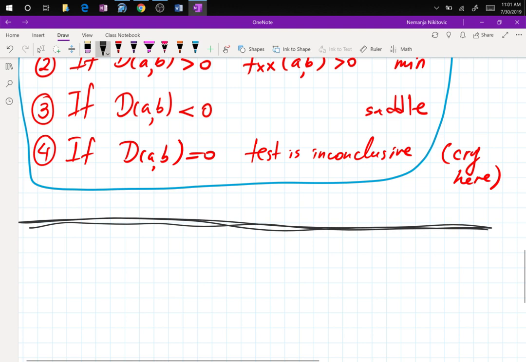Let's take a look at some examples from homework, and then we are going to do the second part of this lecture, where we also have to check the boundary. If you think about the planet Earth being a ball, a sphere, with terrain on top of it everywhere, there are little hills and valleys, so there are a lot of local maximum points, local minimum points, and a lot of saddle points.